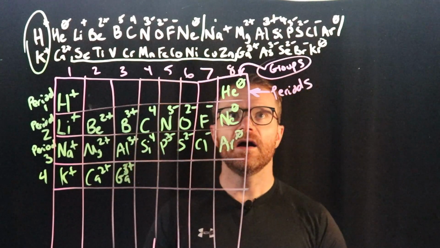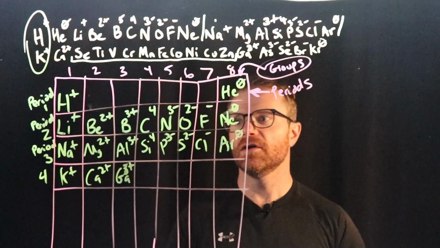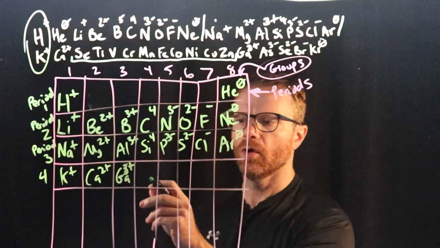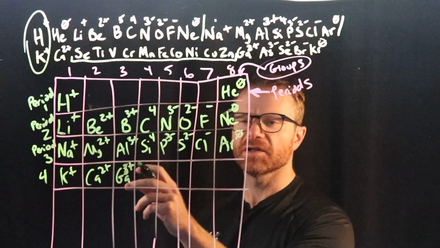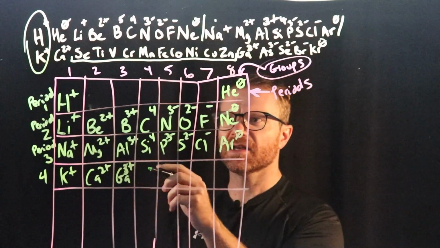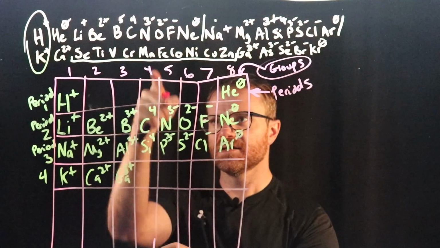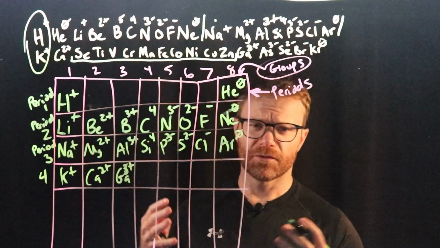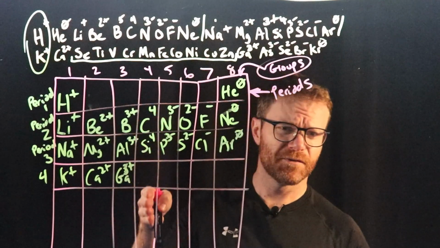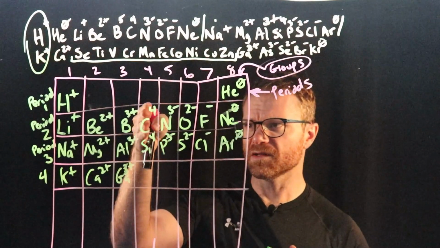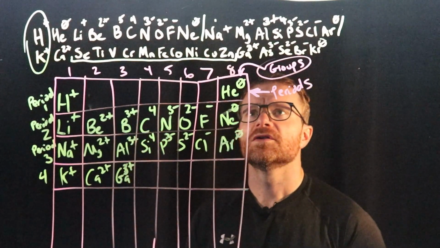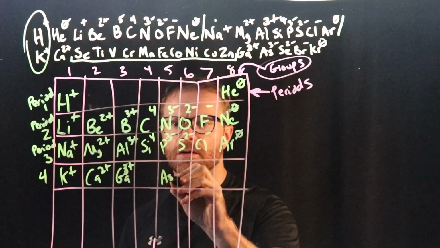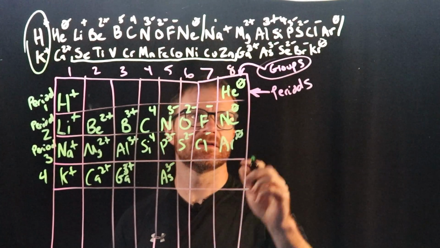And then arsenic has a charge of 3-. So that would go right, whoa. No, there's a problem. I can't put arsenic right here because arsenic has a charge of 3-, and this column is all elements that don't have a charge of 3- when they form ions. They tend not to form ions at all. They form 4 bonds, such as carbon and silicon. So arsenic really should go here with the other 3 minuses.